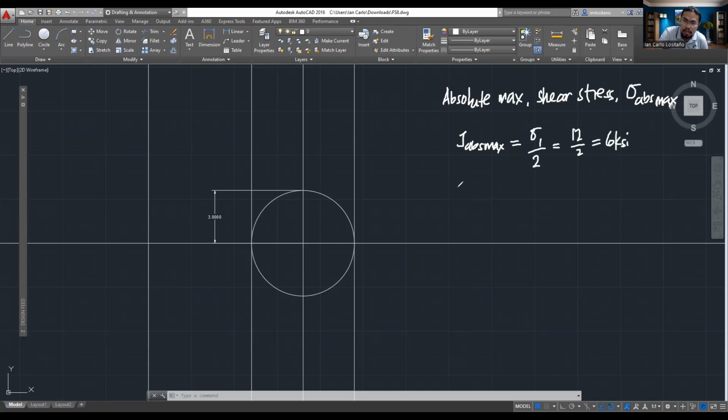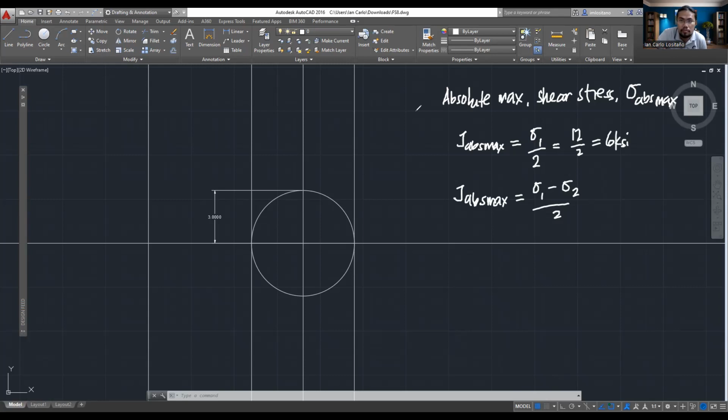If the forces are in opposite directions, you have to subtract the lower stress and then divide this by 2, using the principal stresses. That is the equation. Now, how do we draw this diagram?